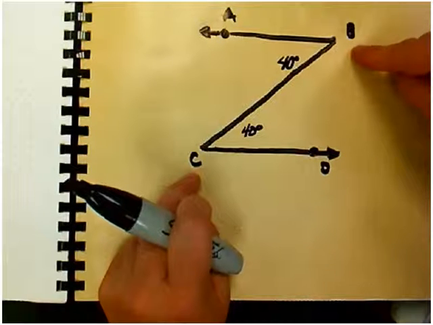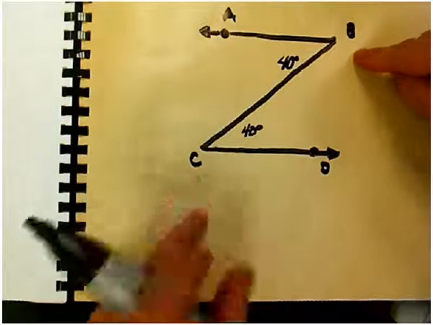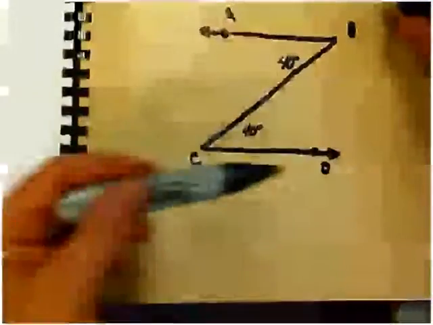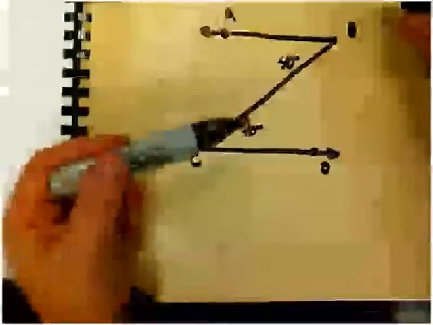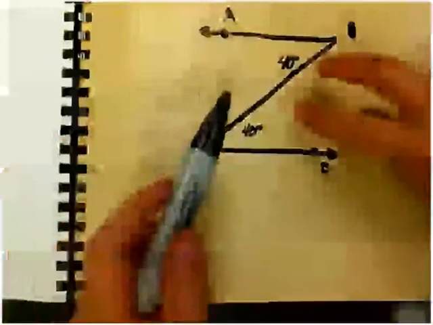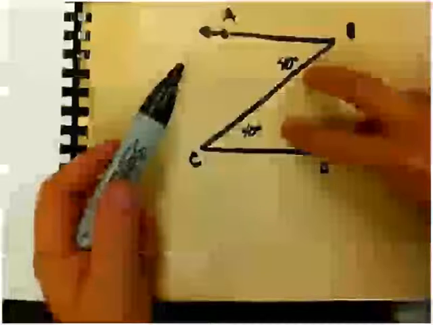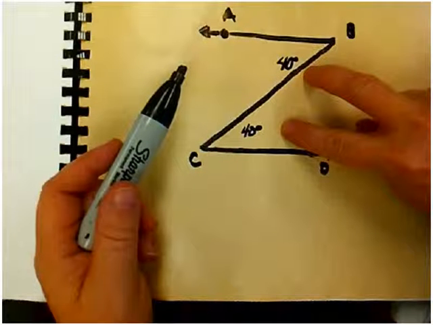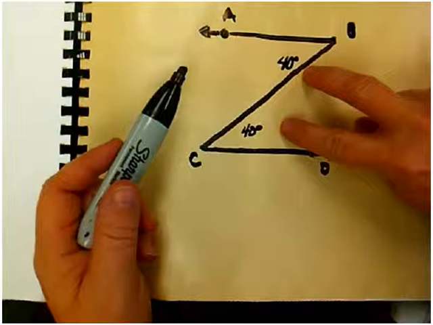So if we wanted to, we could say angle B and angle C. But we're going to be really thorough and say ABC is 40 and BCD, or DCB, we can name them backwards, can't we, is 40. So those two angles are equal to each other, aren't they? They're congruent. ABC is congruent to BCD.